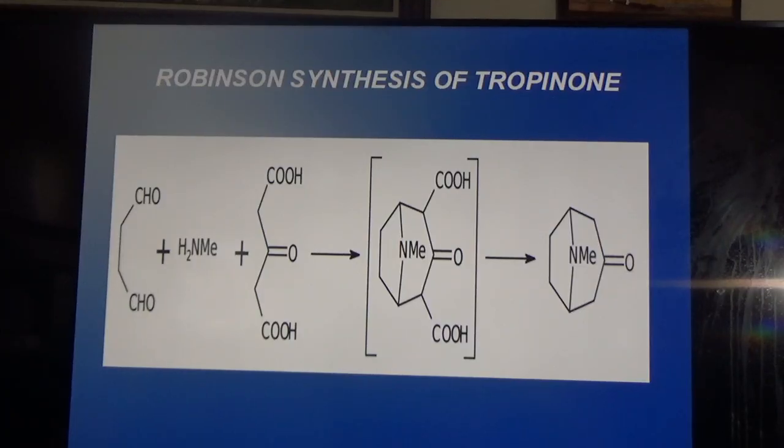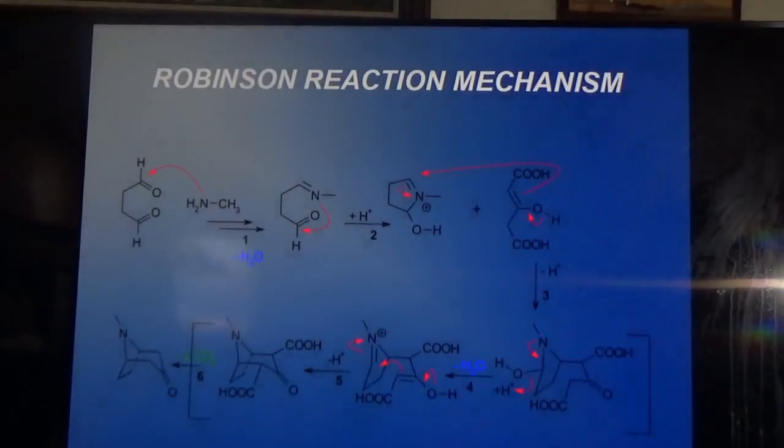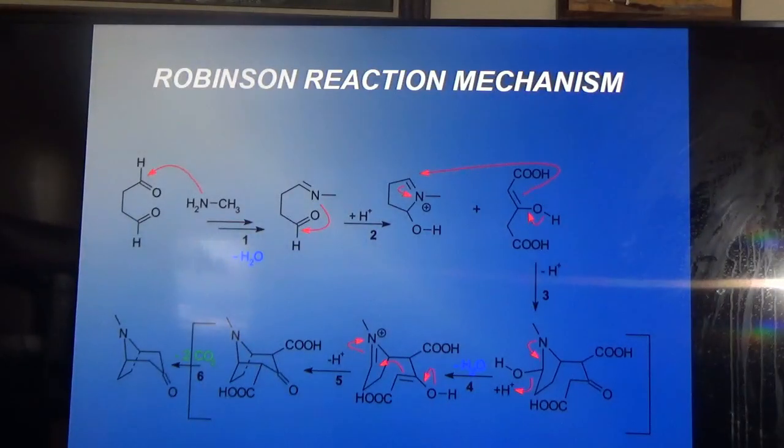That was his Robinson synthesis idea. The mechanism he proposed was that methylamine with succinaldehyde forms the imine first, and then you get the enol attacking the aldehyde in a closed system, and then you get cyclization to give the tropinone carboxylic ester, which decarboxylates in situ.